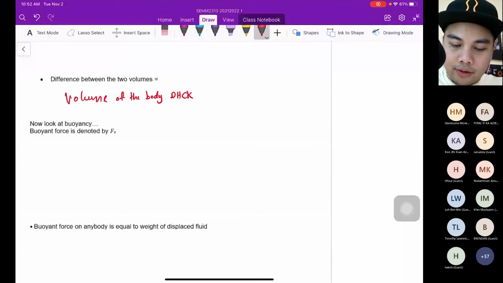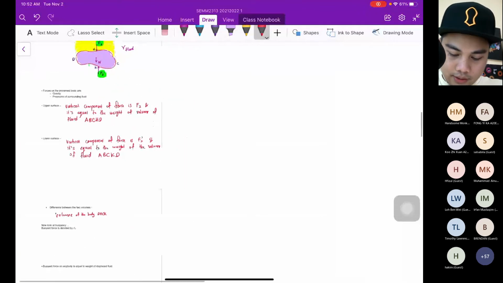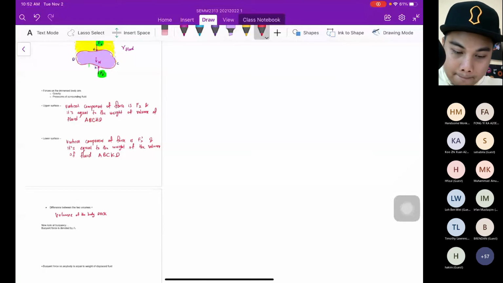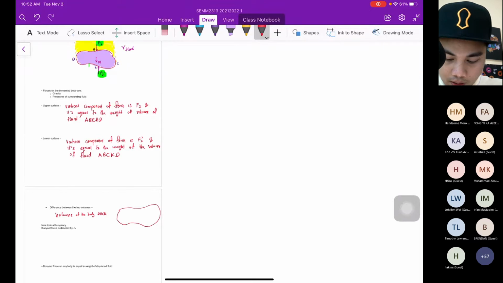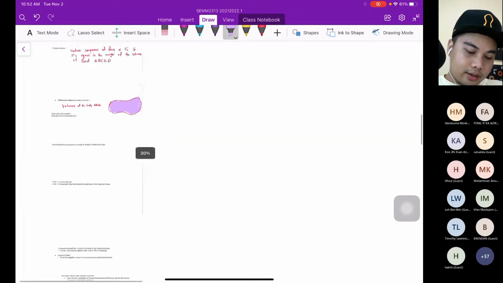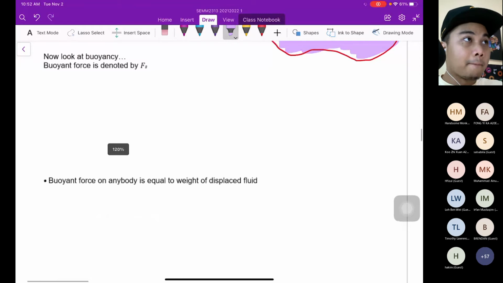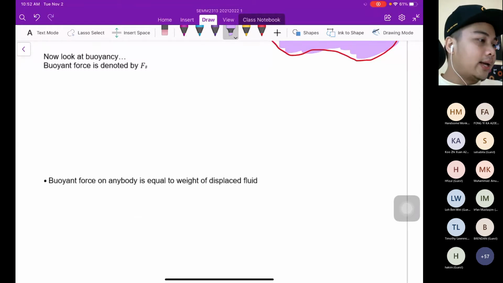This one, the one I drew before. This color, this is what you get, the difference. Now, look at the buoyancy. Buoyant force is denoted by FB.